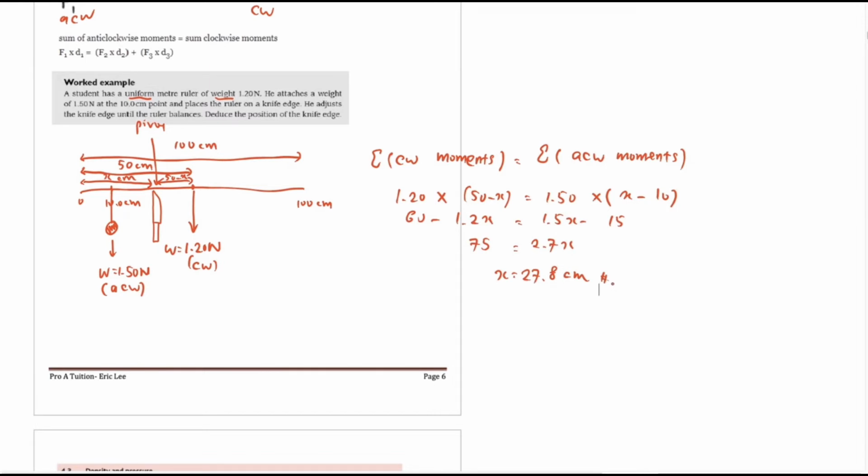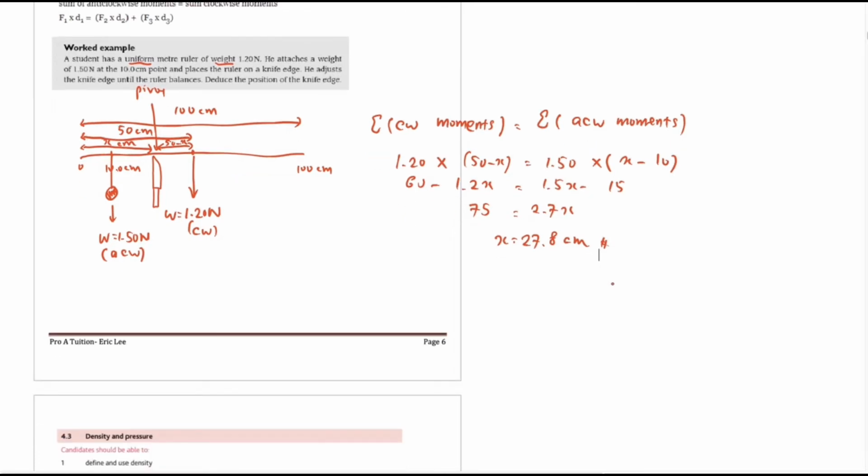So we get the position of the knife. We must put it at 27.8 cm of the meter ruler. So this is one question on moment. Let's move on. We look at the next subtopics.